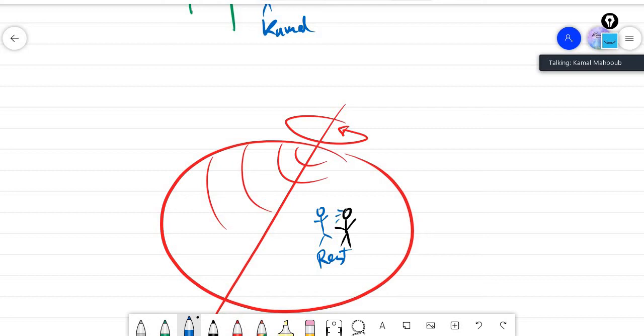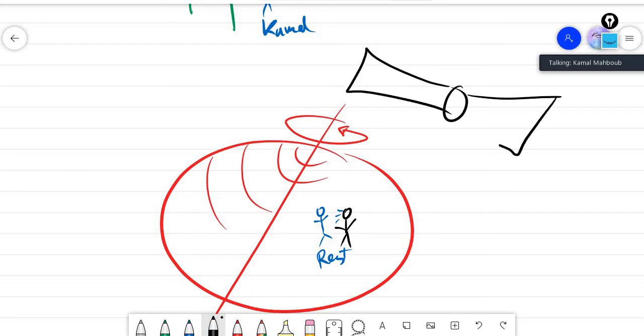Suppose that our friend, an astronaut, is in space, and he looks over at us here. Suppose that he can see both of us. The question is, when the astronaut speaks about both of us, what does he say? Are Mr. Kamal and his friend in motion or at rest?